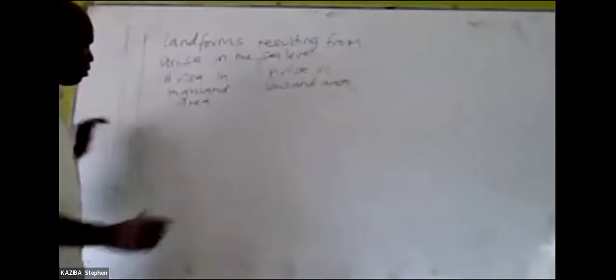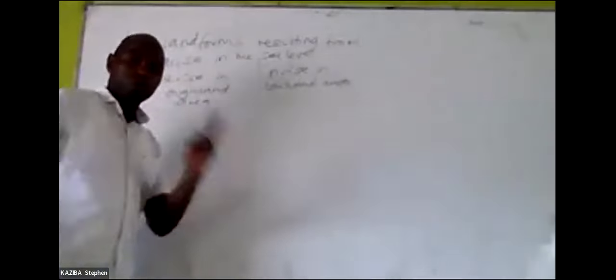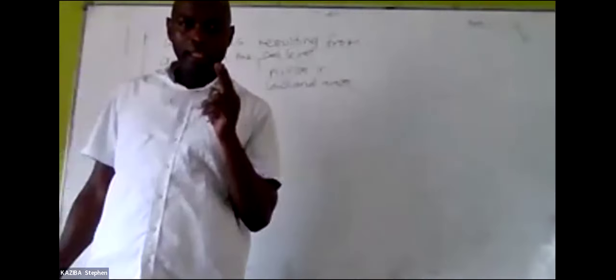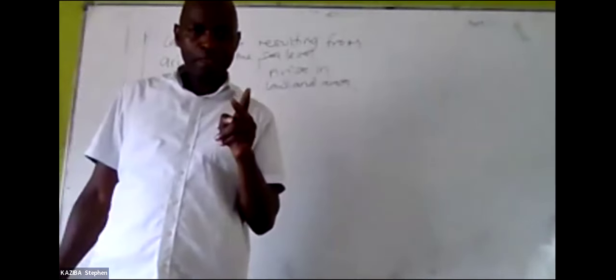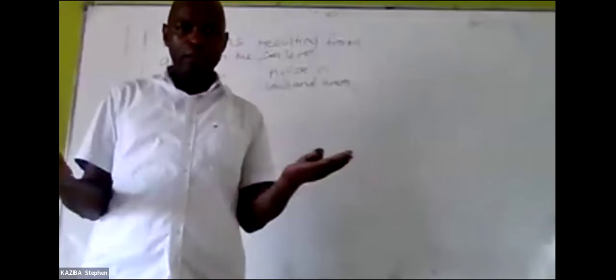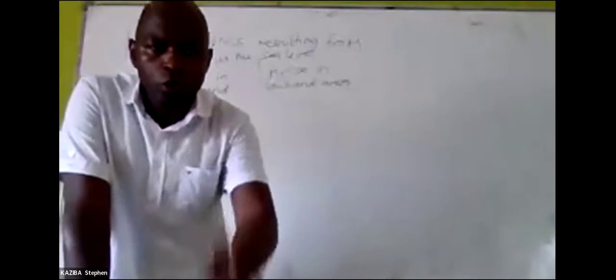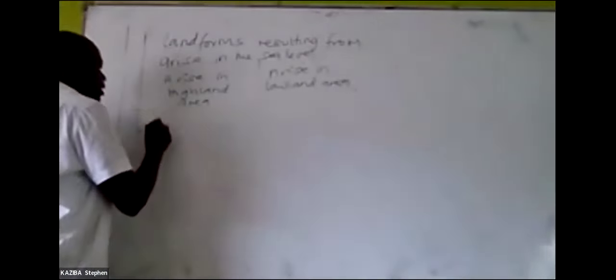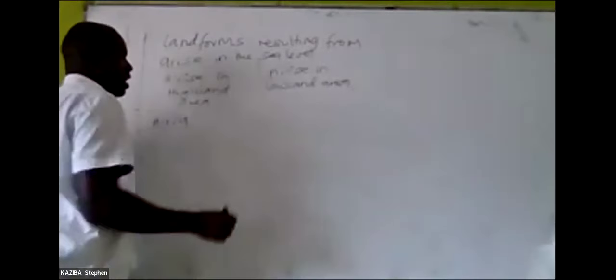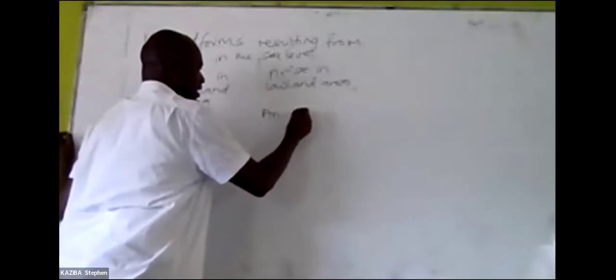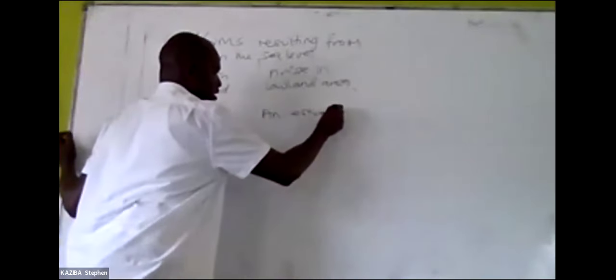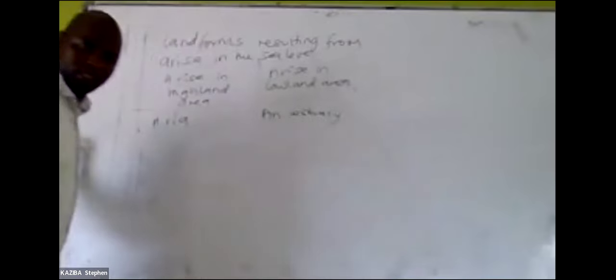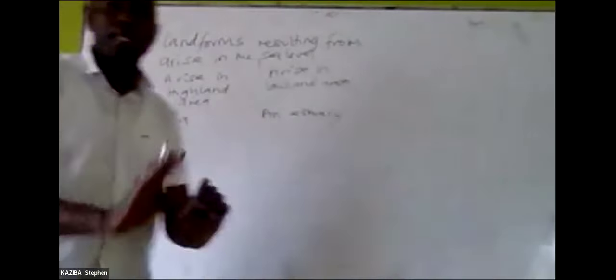So now, where we have a rise, we have two landforms. They are the same, but what makes them different is where they form. The first one is a ria, and this one is called an estuary. Are you getting it? They are exactly the same.